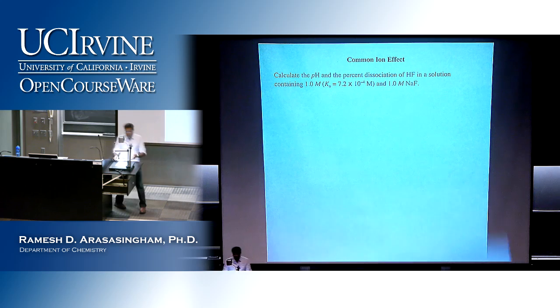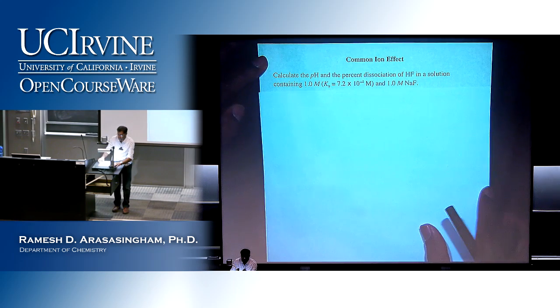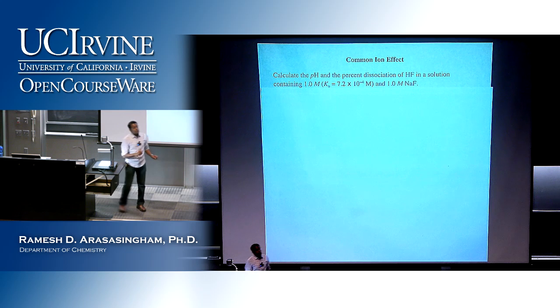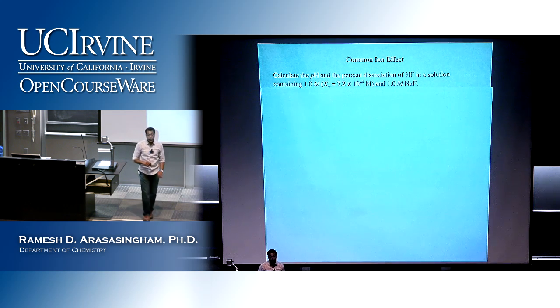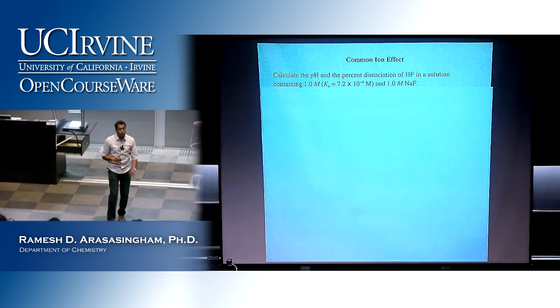So here's an example of a problem involving the common ion effect. The question is, calculate the pH and the percent dissociation of HF in a solution containing 1 molar HF and 1 molar sodium fluoride. So you have 1 molar of HF, and you're adding 1 molar concentration of sodium fluoride.